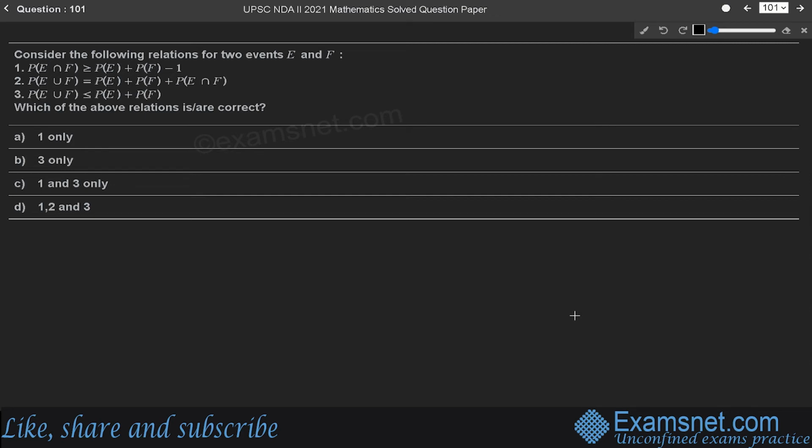Next question is, consider the following relations for two events E and F. We have to again look at all the statements and say which of the above relations is or are correct.